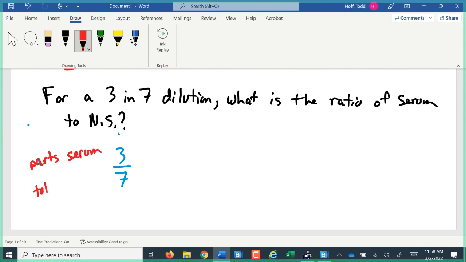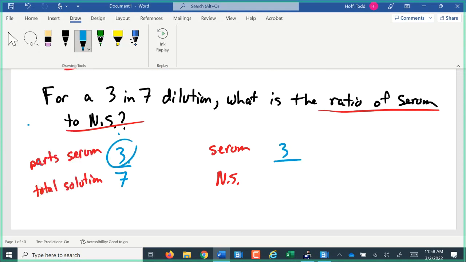Seven, though, remember, represents our total solution. To get the ratio of serum to saline, we have all 3 parts of serum, but for our saline, if there are 7 total parts, we subtract 3 parts of serum from 7 total parts, which is 4 parts of saline. So the ratio of serum to saline is 3 to 4.